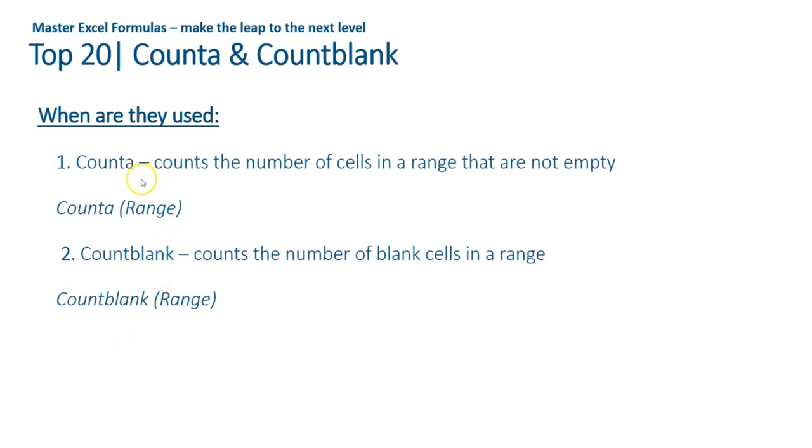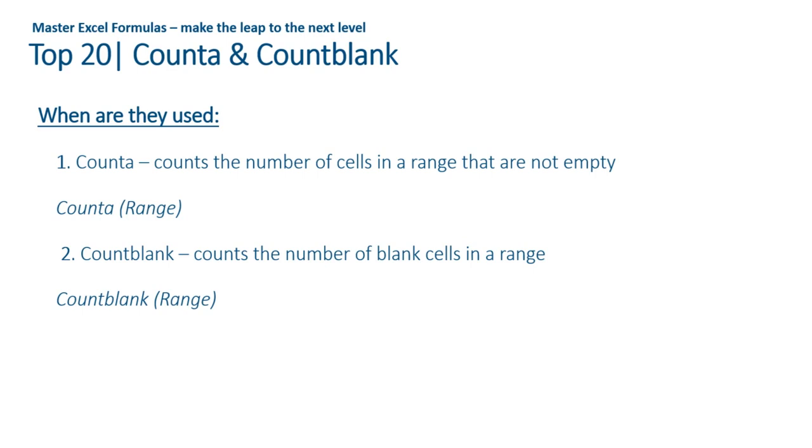As you can see, COUNTA is used to count the number of cells in a range that are not empty, whereas the COUNTBLANK formula counts the number of blank cells in a range. And the structure of these two formulas is pretty similar. It's actually the same. All you have to do is enter the range in which you want to count the specific number of cells that have values or that are empty.